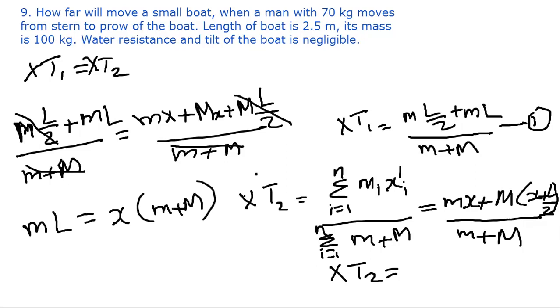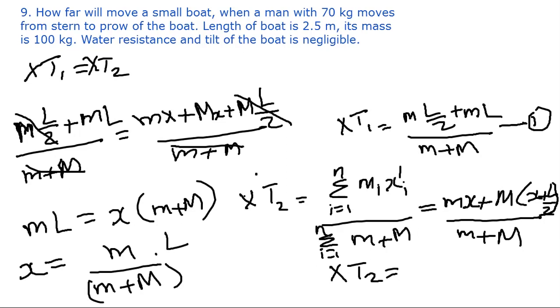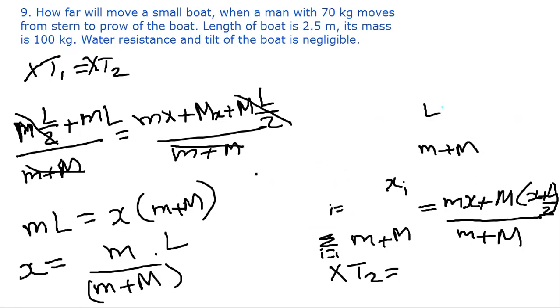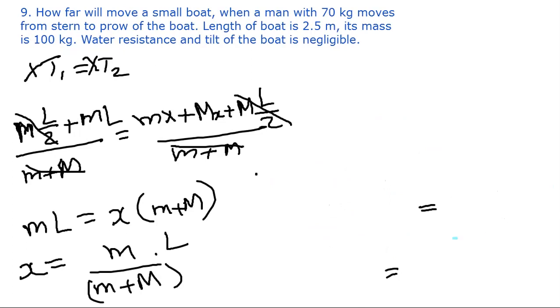We need to find the distance moved by the boat. Small x is equal to m divided by M plus m times L, length of the boat. That is the answer. So if we substitute the values for small m and capital M and L, we will get the answer. So what is the mass of the man?